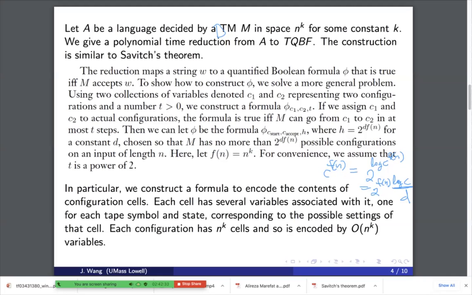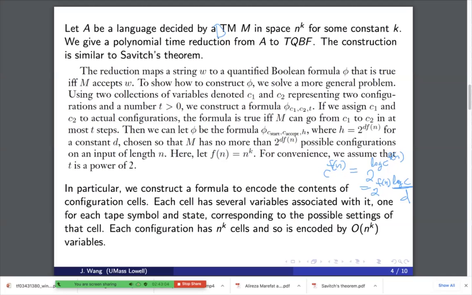So we are using, as before, when we reduced boundary tiling to SAT, a Boolean formula to represent tiling, and that tiling, if you do a step backward, represents a legal computation of a Turing machine.